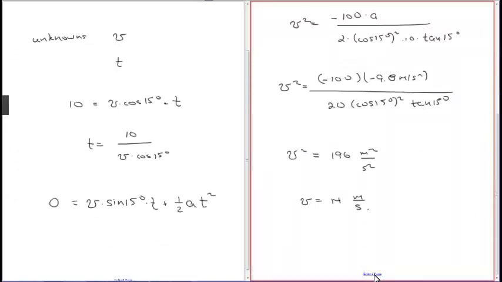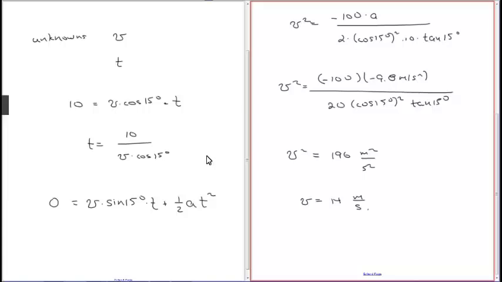So, 14 meters per second, we can convert that to miles per hour. They didn't ask us to do it, but let's see. We have 14 meters per second is, 1 meter per second is 2.237 miles per hour. So I just need to multiply that by 2.237.